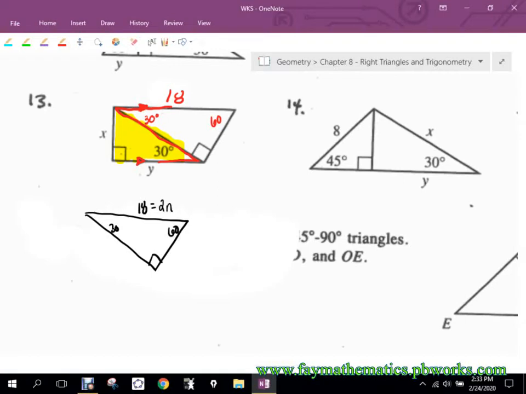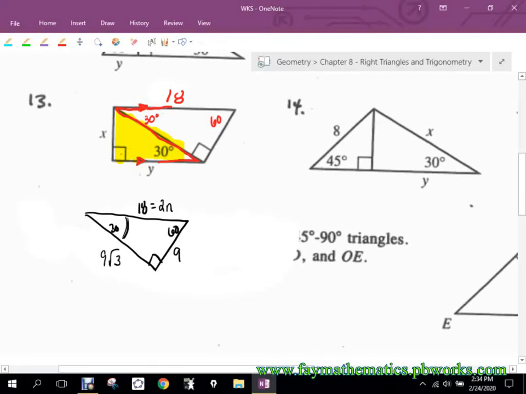So now with that little equation, do you know what n is? What's n going to be in this situation? That's my equation. n is going to be 9. And n is always across from the 30-degree angle. So this distance here would be 9. And then across from 60 is 9 radical 3.